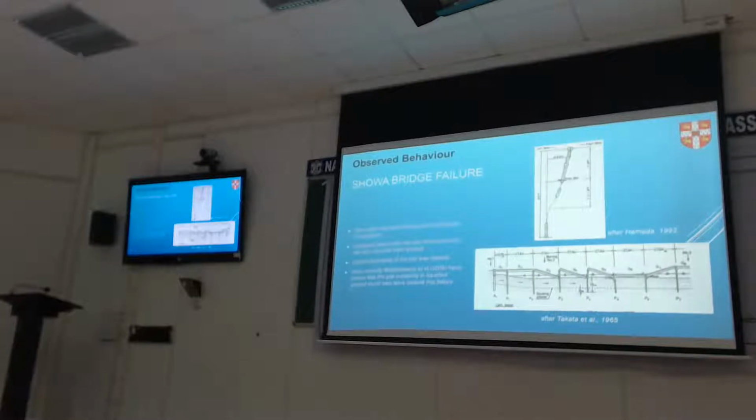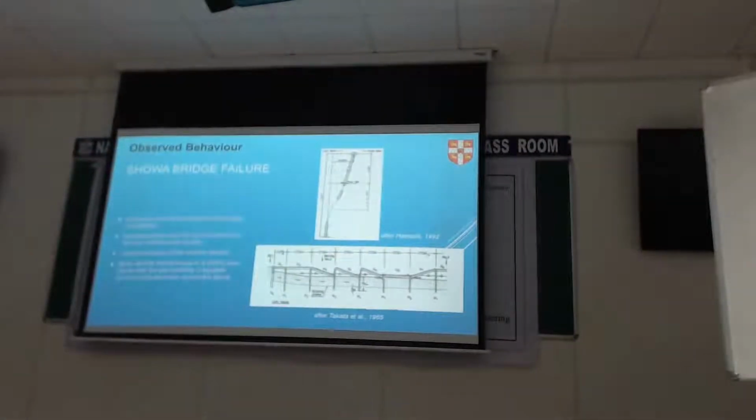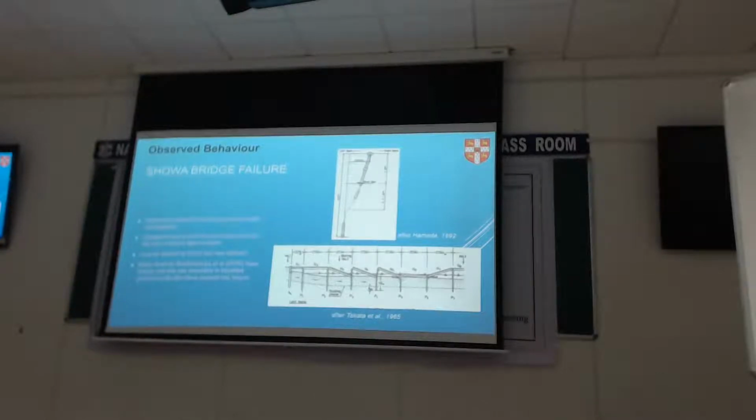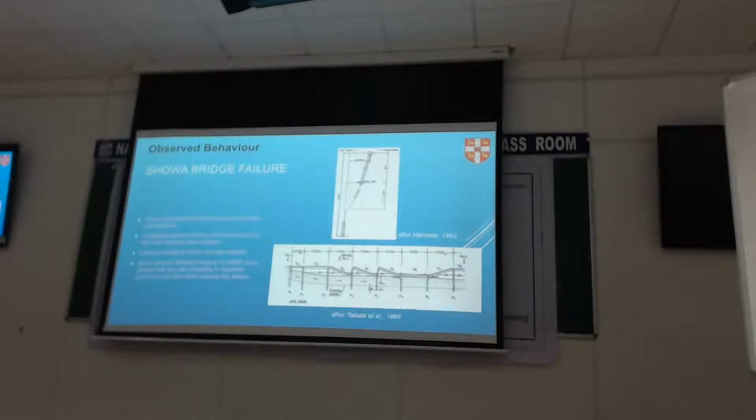As I said, one of the things the Japanese are pretty good at is going and doing the post investigation after the earthquake. They pulled some of these tubular piles and observed where they deformed.